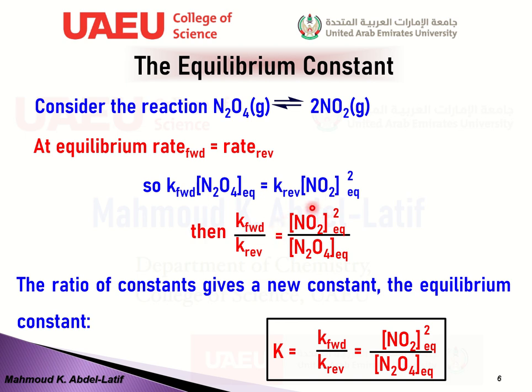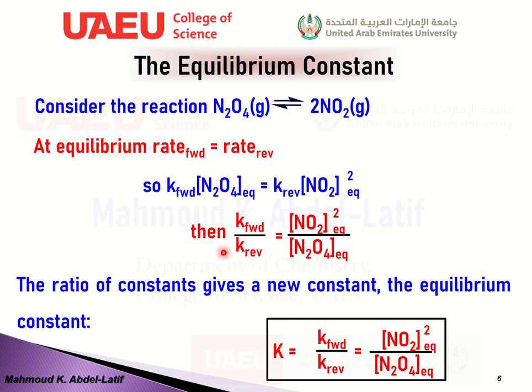Then just rearrange this equation to get, on one side, k forward divided by k reverse, which equals the concentration of the product divided by the concentration of the reactant.